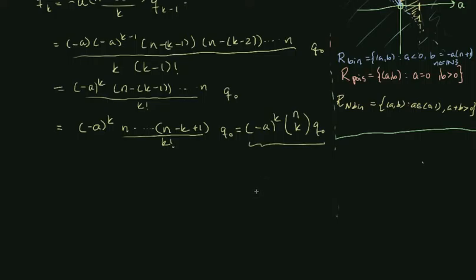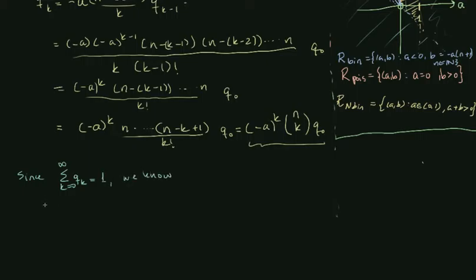Now let's take a look at what q0 must be based on our knowledge of qk. So we know that the qk's have to sum to 1, right?